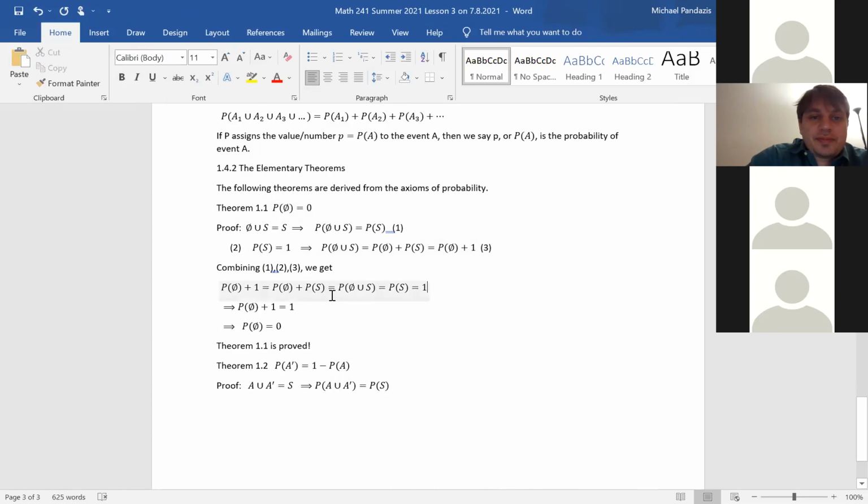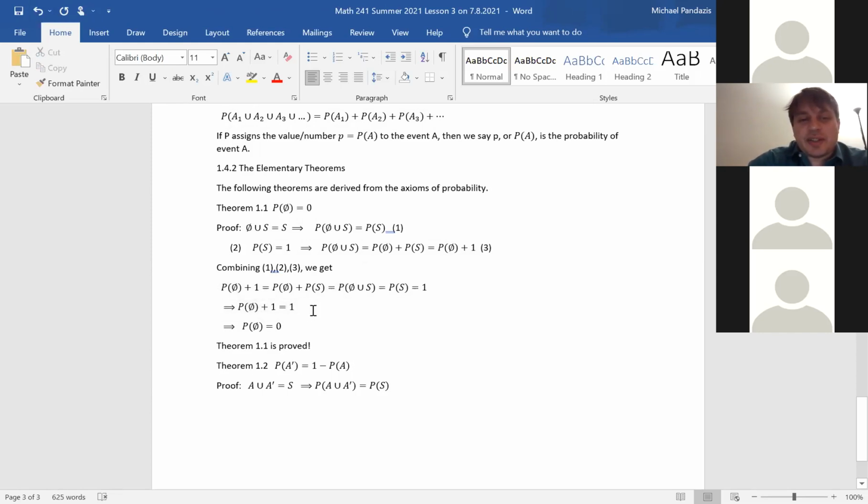You know how you went from P of the empty set plus 1 equals 1, the line before the last line, and then P of the empty set equals 0? Where did the 1 go? Oh, you mean because you just subtract 1 on both sides? Oh, right. Okay. Make sense? I just didn't see it for some reason.